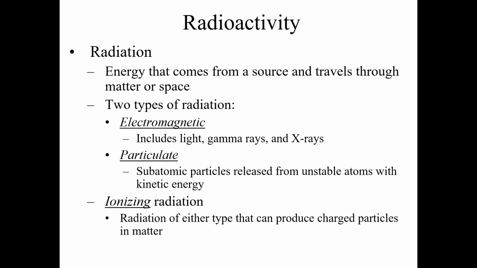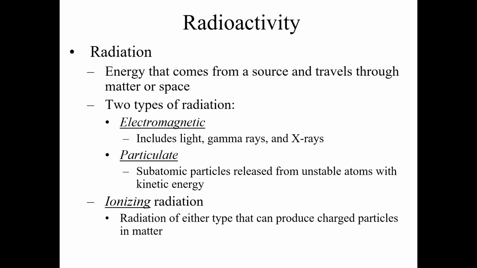Now, here comes the interesting part, radioactivity. Let's start out by defining what we mean by radiation. Radiation is energy that comes from a source and travels through matter or space. We're going to classify two types of radiation, electromagnetic and particulate. Electromagnetic would be anything in the electromagnetic spectrum, which includes light, gamma rays, and X-rays.